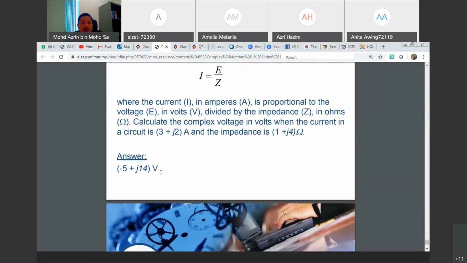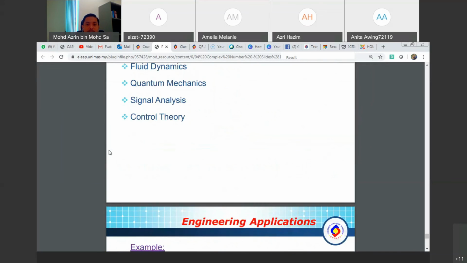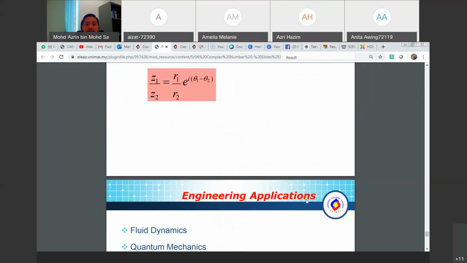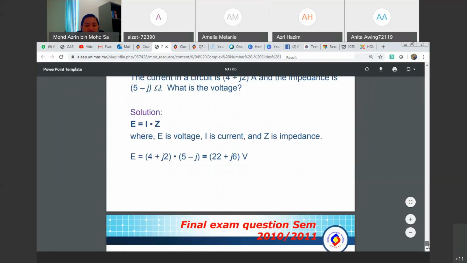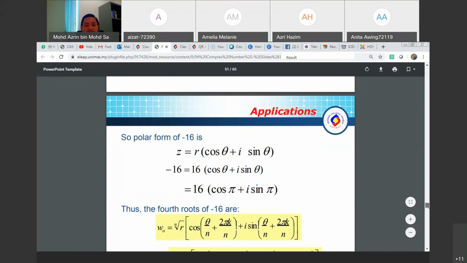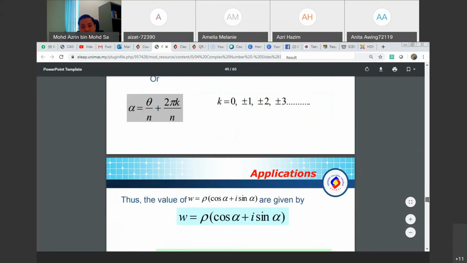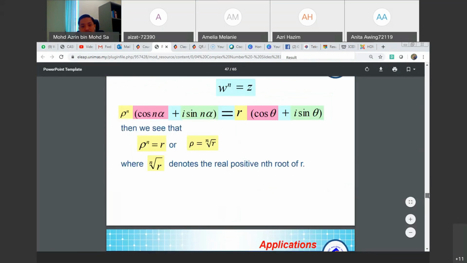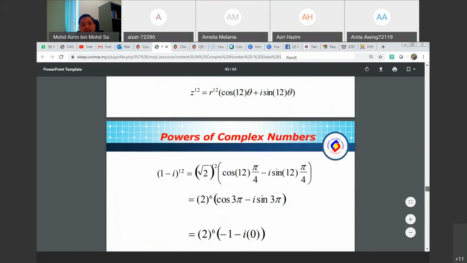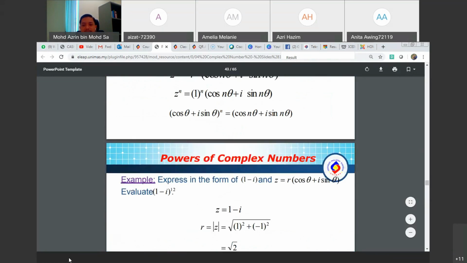Okay, ni tapi next time mostly you need to focus. Okay, I think this is the last slide kan. Thank you. So the most part you need to focus is the roots part, okay, the roots part here, then the De Moivre's theorem, semua dah tu lah.